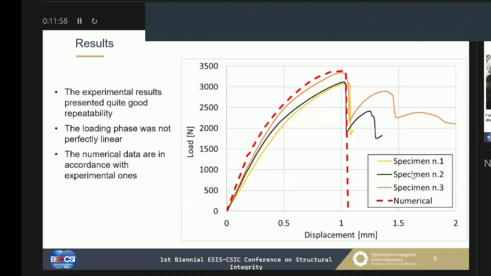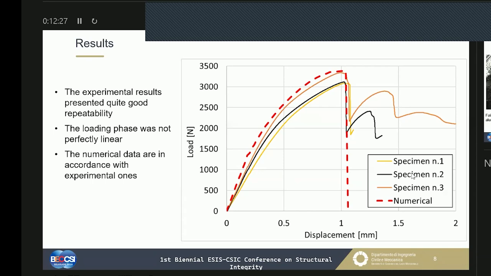All the trends showed a peak load at about 3,400 Newton, and this was due to the failure of the interface between the aluminum and the composite. In some cases, we continued with the loading, and we can observe a sort of increase of load.